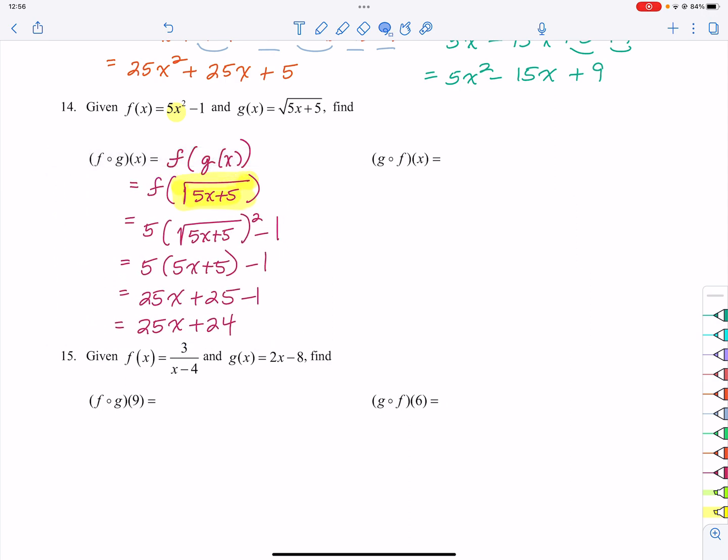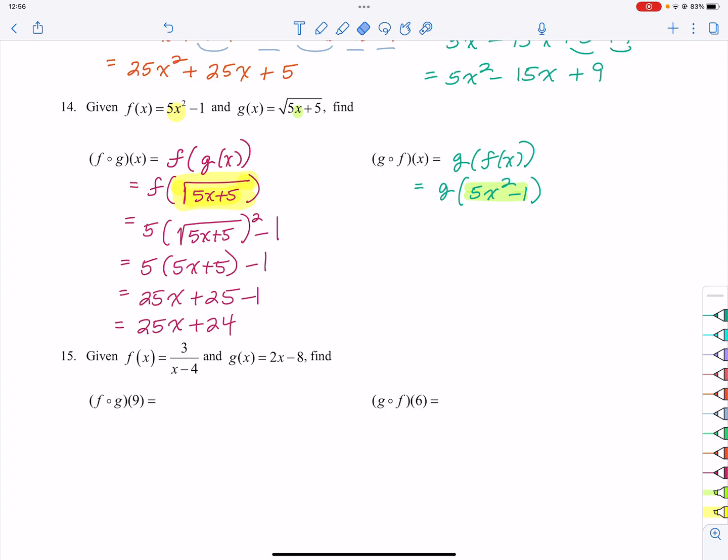Let's look at g composed with f of x. And you can clearly see that f composed with g of x is not equal to g composed with f of x. So this is defined as g of f of x, and that's equal to g of 5x squared minus 1. So everywhere there's an x in g, we're going to put 5x squared minus 1.